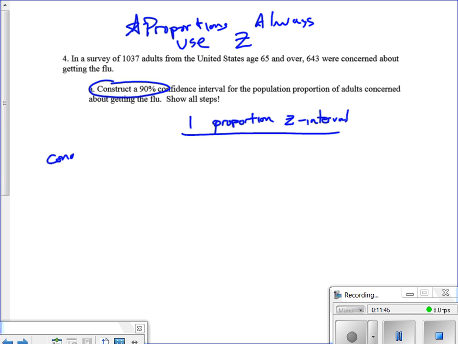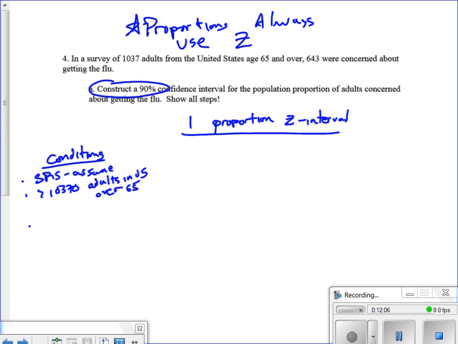So, a quick check of the conditions. Since this is an interval, SRS, we'll assume that. We need to make sure that there are more than 370 adults in the U.S. over 65. That's a fair statement.